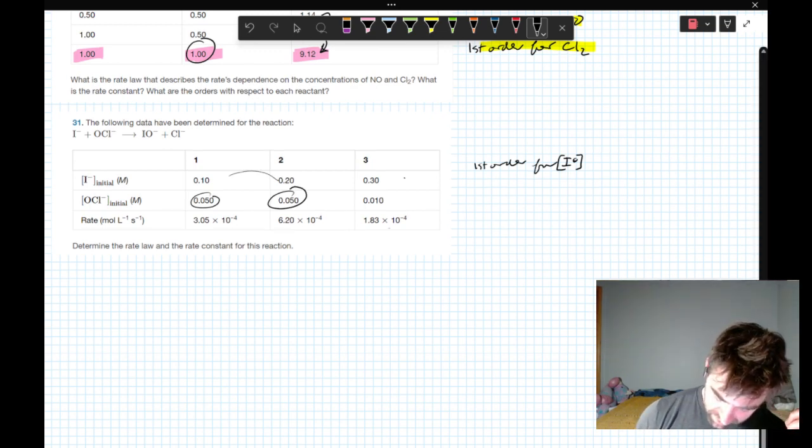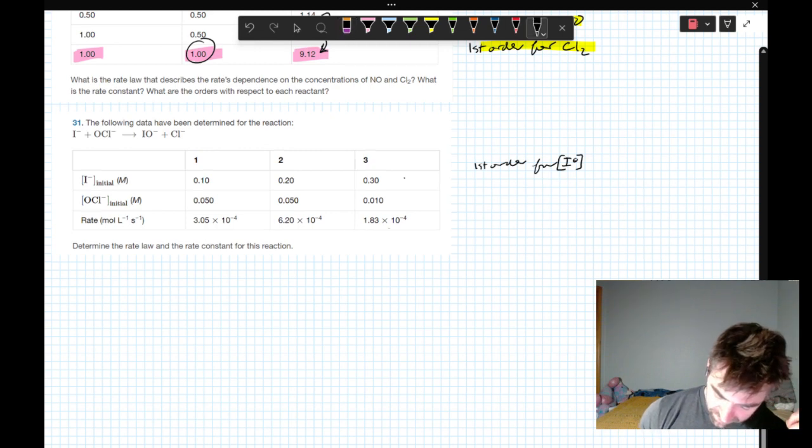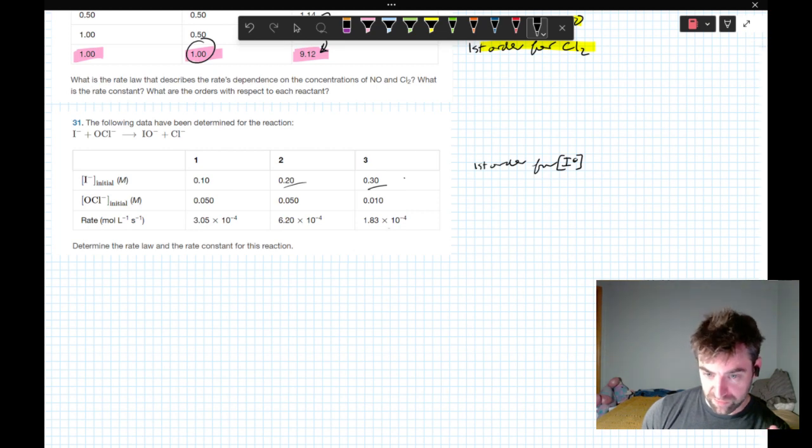And then we don't have a really clean, like we've obviously changed our concentration in iodine from trials 2 to 3, but we have a really dramatic decrease in concentration for OCl between trials 2 and 3.